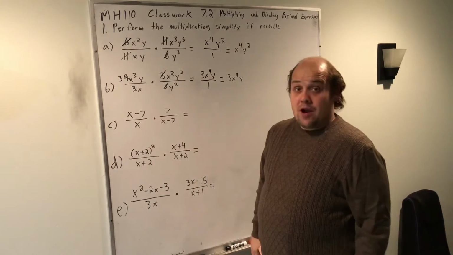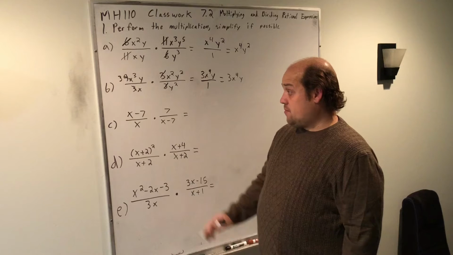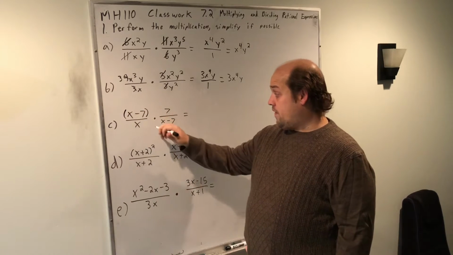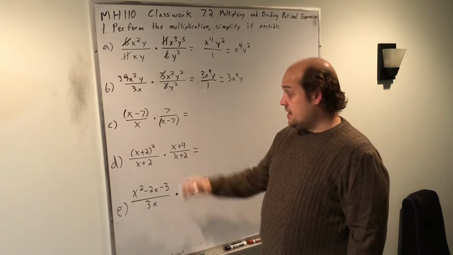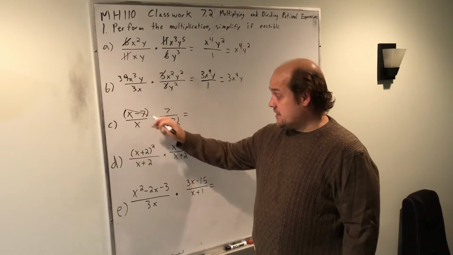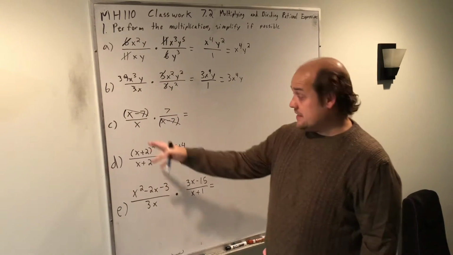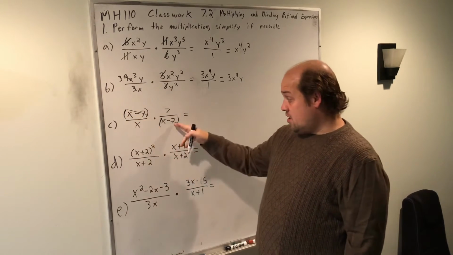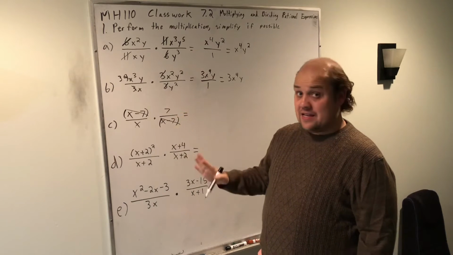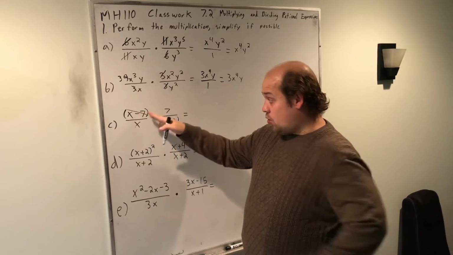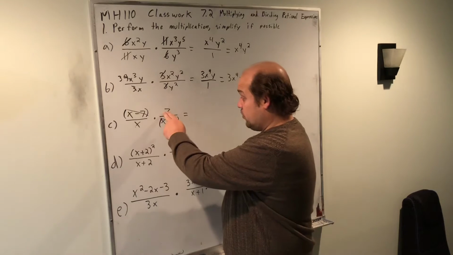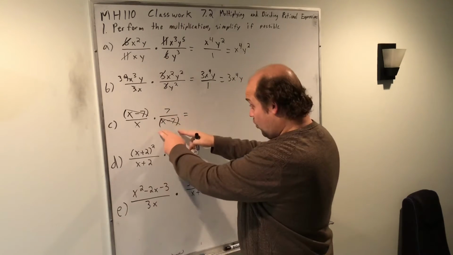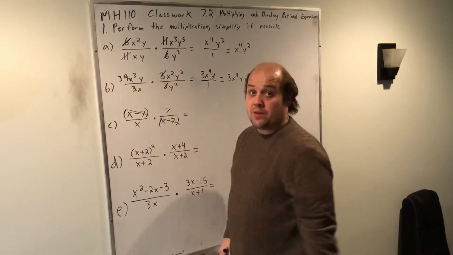When I look at this problem, there's only one thing that's the same on top and bottom. This full factor, x minus 7, and this full factor, x minus 7. I could not, for instance, cancel this x with this x, or this 7 with this 7. The key here is that this is a whole term, x minus 7 being multiplied by 7. This is a whole term, x minus 7 being multiplied by x.